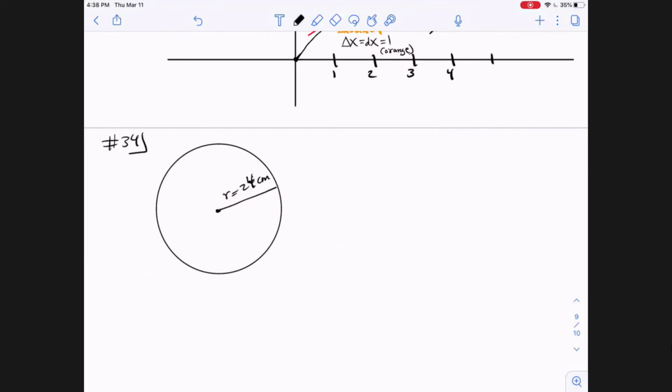But since you can have a maximum error of 0.2 centimeters, what they're essentially saying is dr is 0.2 centimeters. So r equals 24, but dr is 0.2. Don't worry about the units right now.